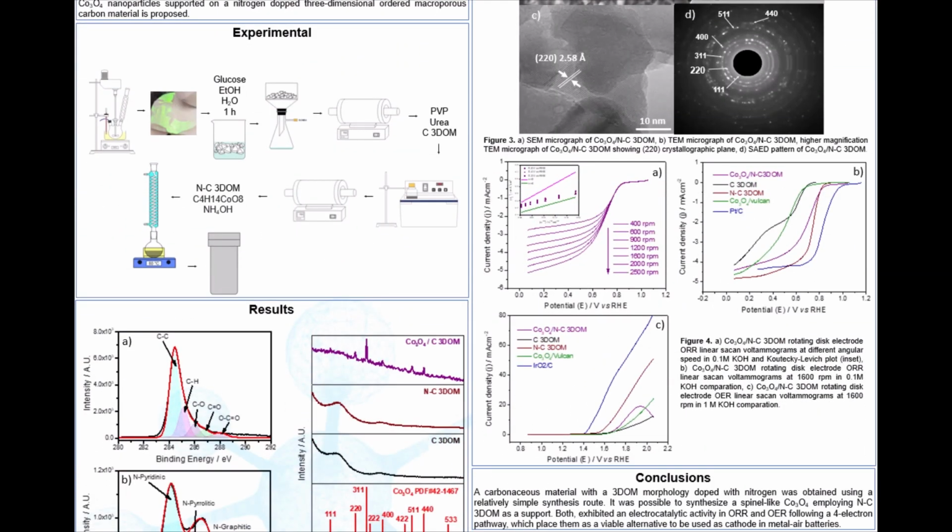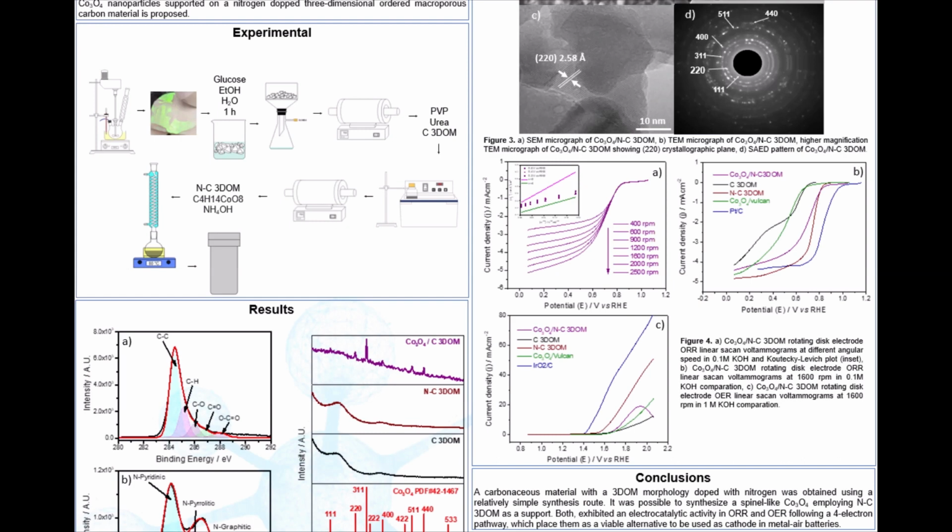Finally, in Figure 4a, we can observe a set of oxygen reduction reaction linear scan voltammograms at different angular speeds. And in the inset, a Koutecký-Levich study demonstrates that the material catalyzes this reaction through a 4-electron pathway.